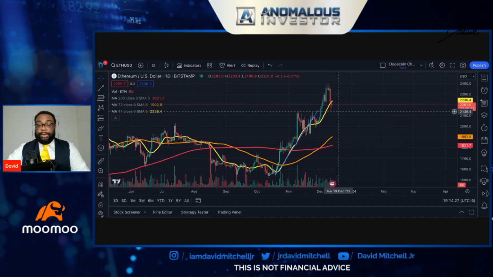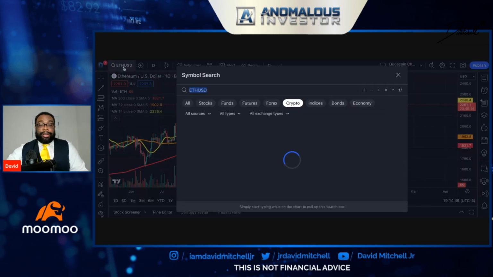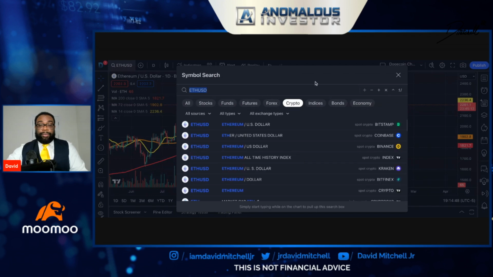So that 21.38 mark for Ethereum really came through, and it's closing at the 14. So you're having that price action where it gets rejected off of the 21.38, but the candle is actually closing at the 14, similar to what we're seeing with Doge and Bitcoin. So that is in alignment with what we're thinking.